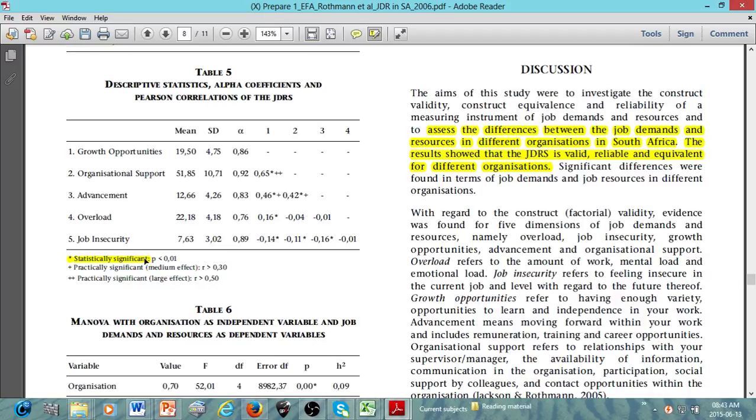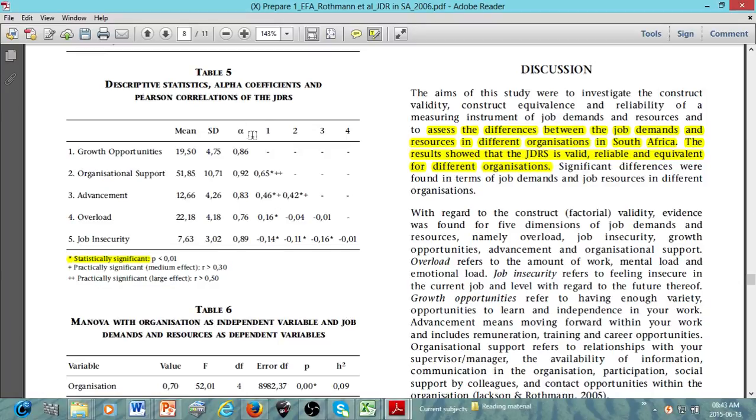Of course, we want our correlations to be statistically significant, and in this case, the authors indicated those that are statistically significant. Often, or I would say all the time, a person only takes statistics into account if they are at least statistically significant.